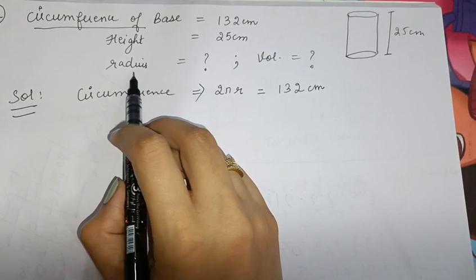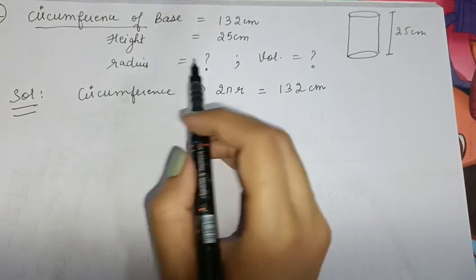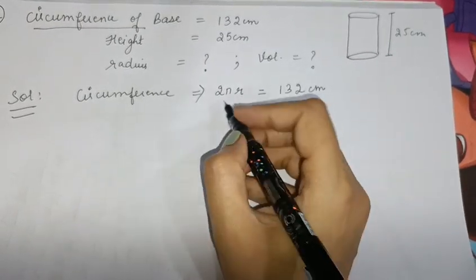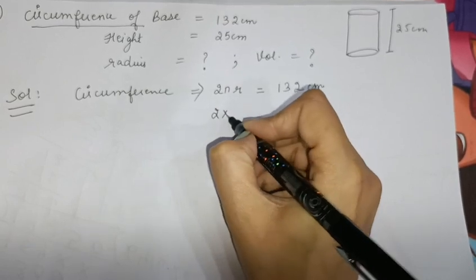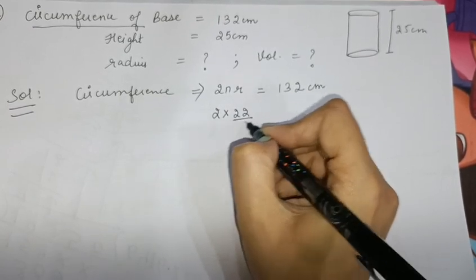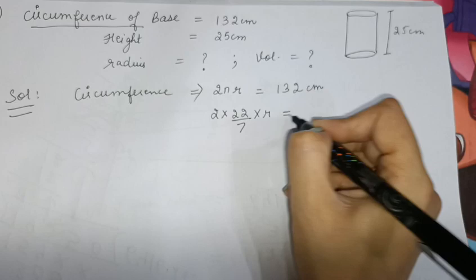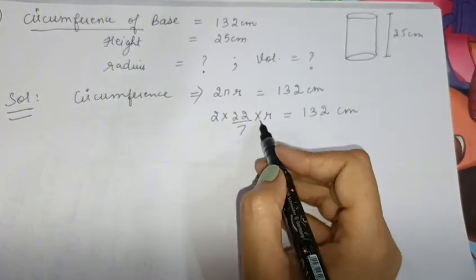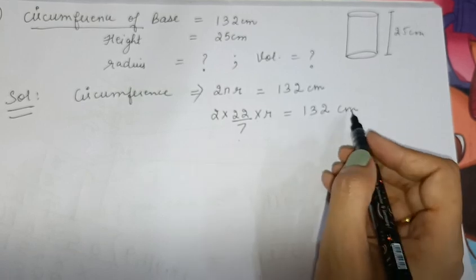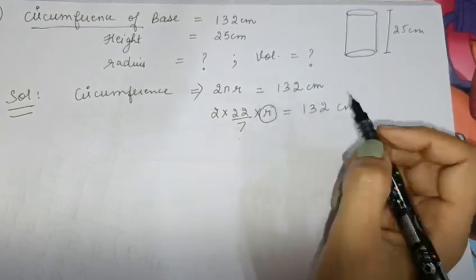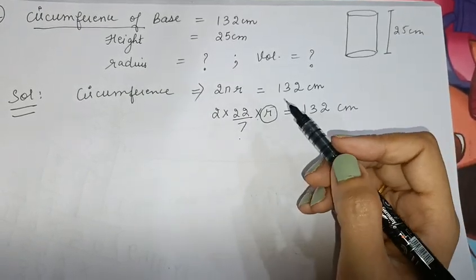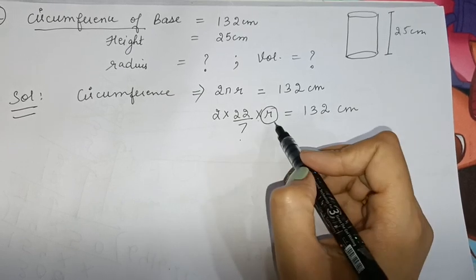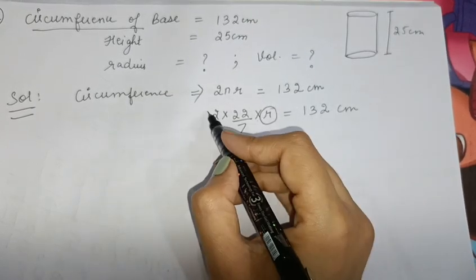Now the first part of the question says find the radius. Here we know the value of pi also. So 2 into 22 by 7 into r is equal to 132 centimeter. This r we will keep on this side. Whenever you have to find anything in an equation, keep that thing on that side itself and shift the other things.